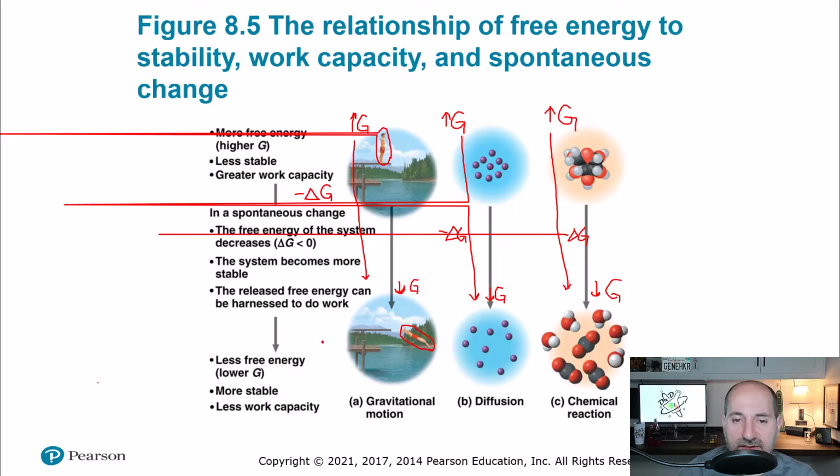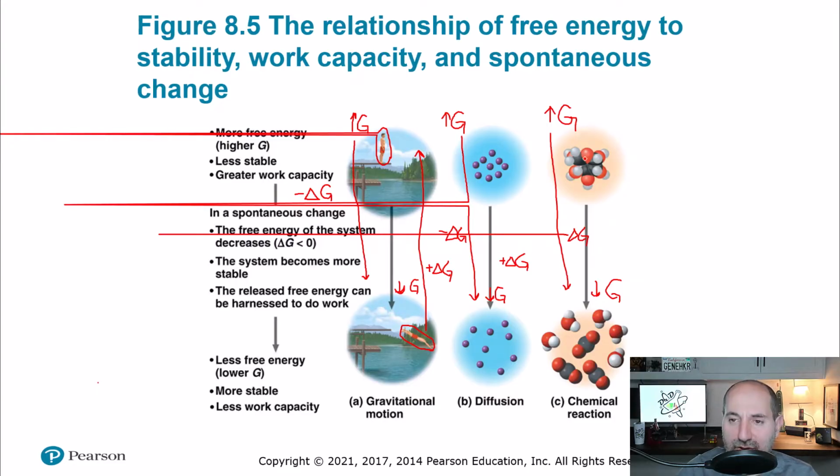And conversely, when the diver goes from the water back up to the platform, what is the change in G then? It's a positive delta G. What about trying to get your ink droplets back? If you tried to get your ink droplets back together into one drop of ink, that would be a positive delta G, trying to get the ink molecules out.